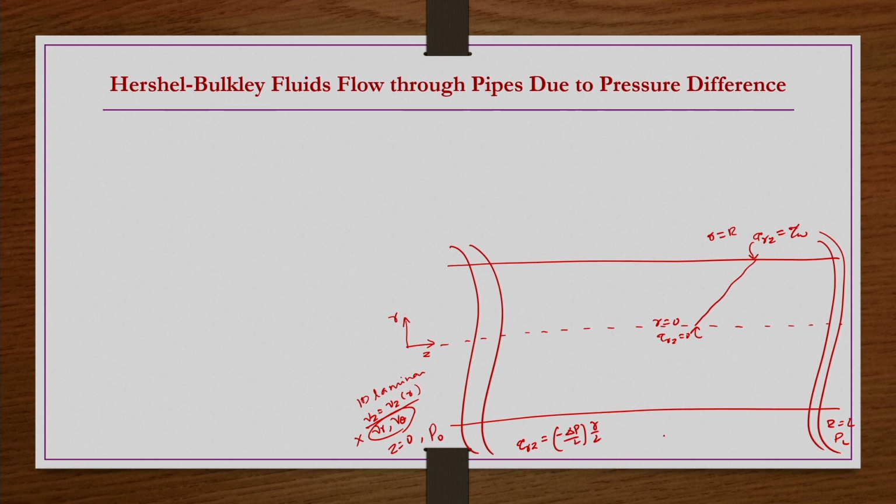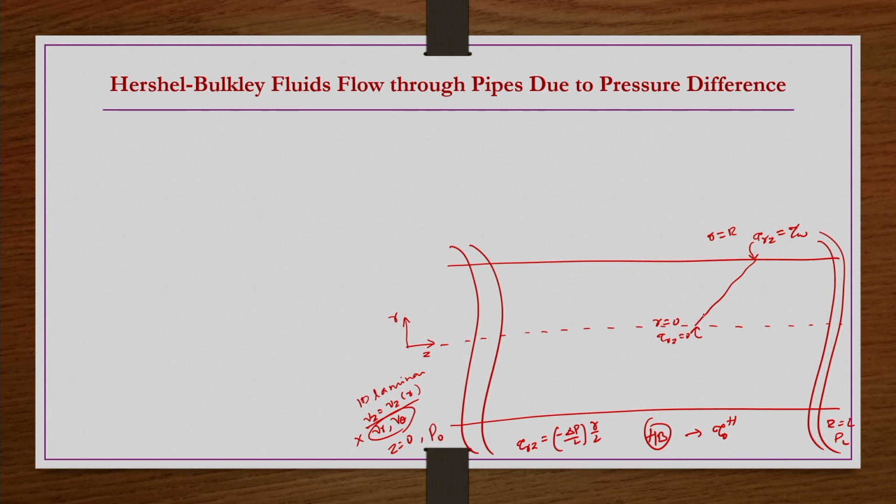Now, in the case of Herschel Bulkley fluids, we have the characteristic yield stress tau naught h. It has some value between 0 and tau W, that is sure. If the applied stress is not more than tau naught h, then flow will not take place.